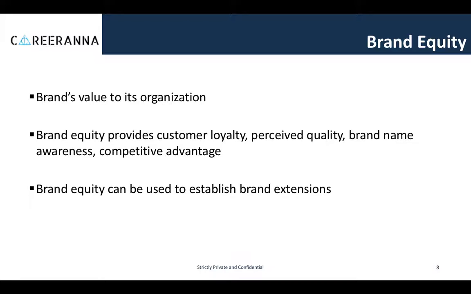You can always extend to different products, to different extensions, to different new products which you want to introduce, and hence establishing brand equity for your first product and consecutive products is very, very important, because that's going to define and drive the success of your organization.